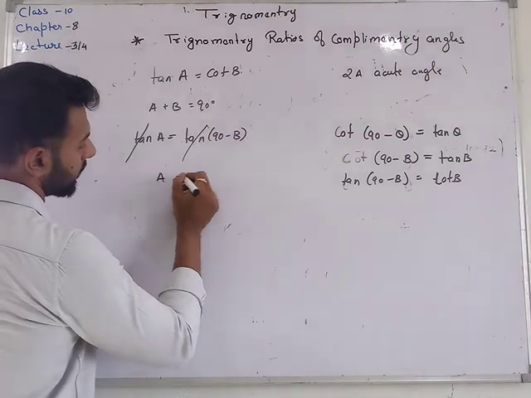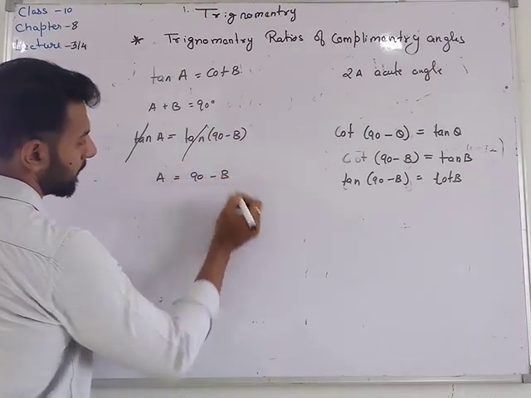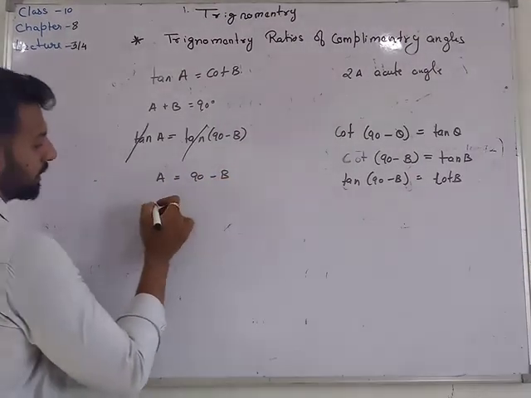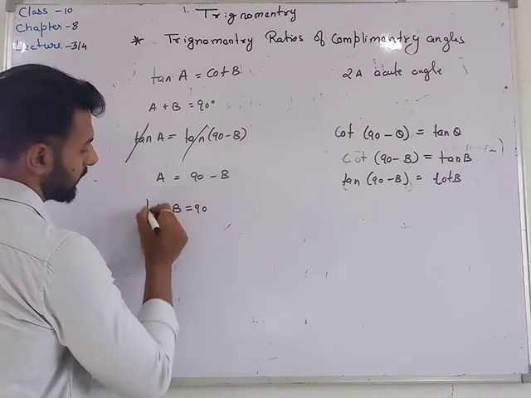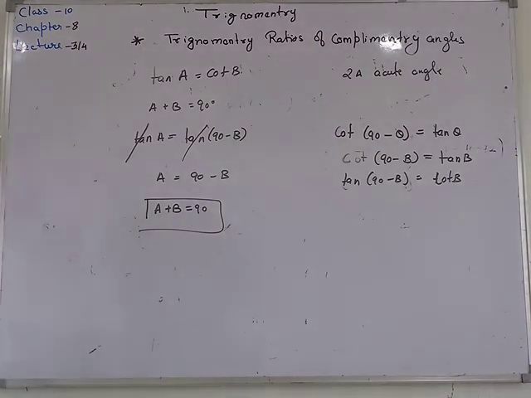A is equal to 90 minus B. Taking this B to the left hand side, A plus B is equal to 90 degrees. So this is the required solution of the given question.